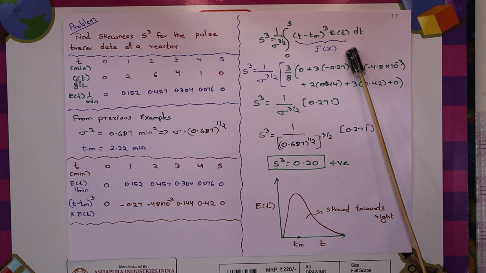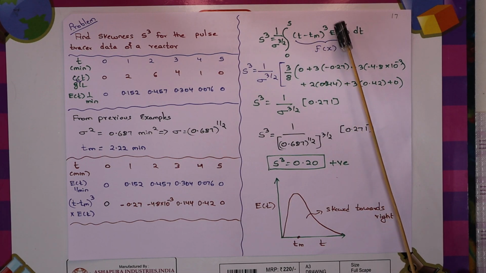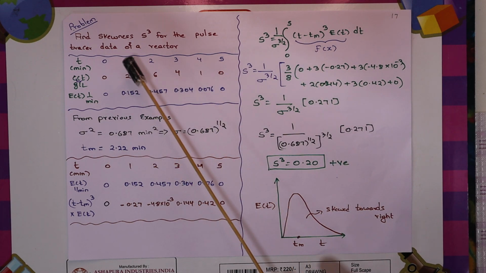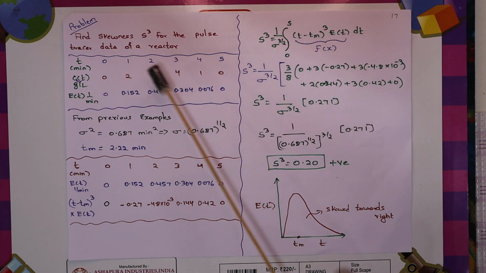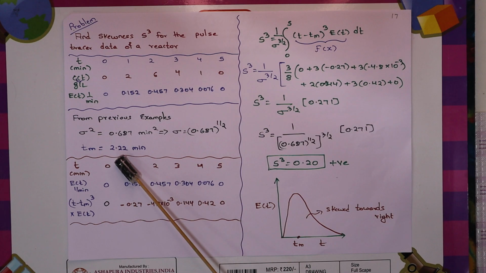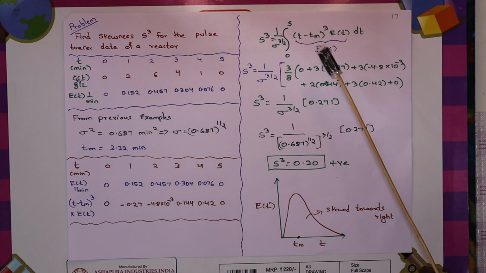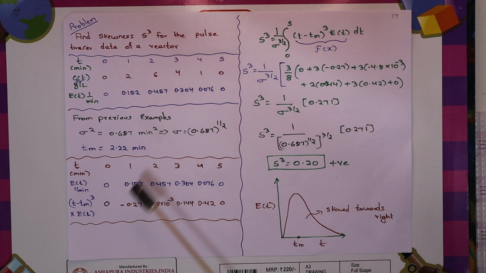Now my f of x function in the integral is (t minus tm) whole cube into E of t. I already know t, which is the time data. I know tm, the mean residence time of 2.22 minutes. The E of t information is also provided. So I can compute (t minus tm) cube into E of t.